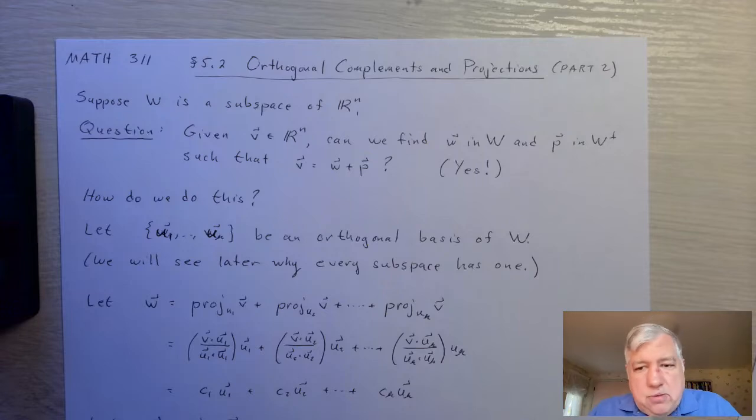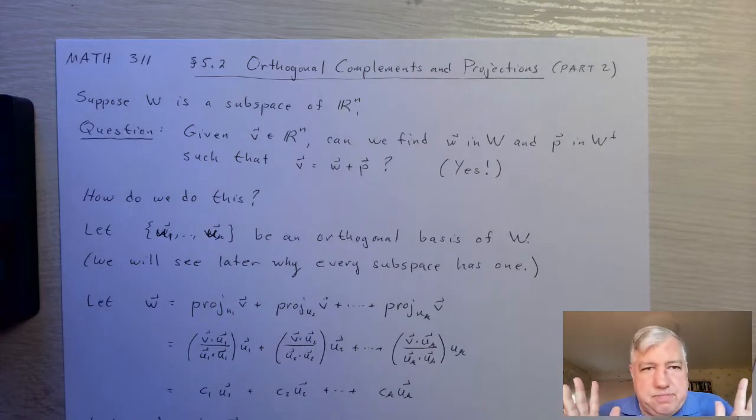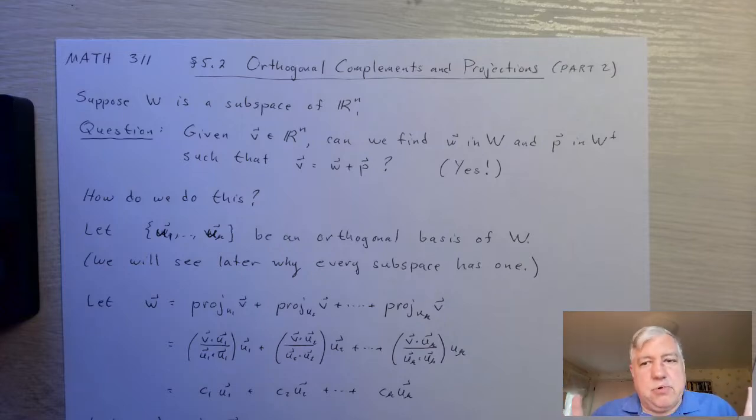The projections that we're talking about are generalizations of the projection we had earlier when we projected one vector onto another vector. The main idea again: given a subspace, we would like to find its orthogonal complement, which we did last time.